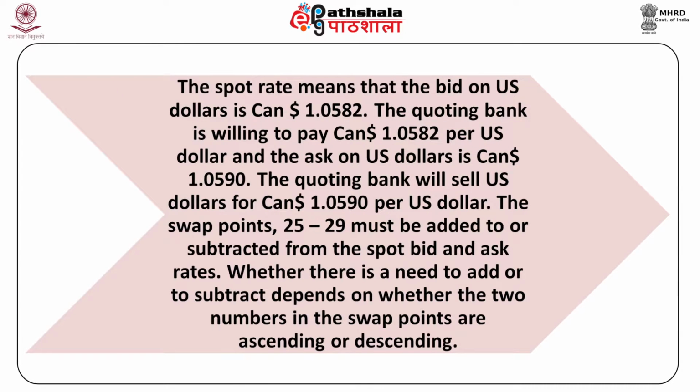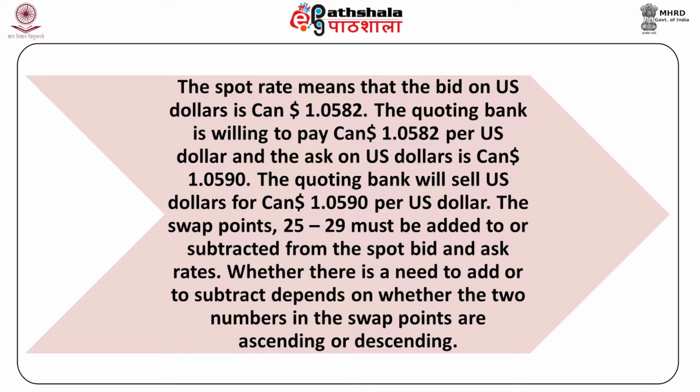The spot rate means that the bid on US dollar is Canadian dollar 1.0582. The quoting bank is willing to pay Canadian dollar 1.0582 per US dollar, and the ask on US dollar is Canadian dollar 1.0590.